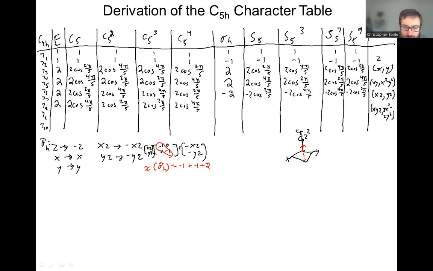And we do the same sort of trick. We have a positive 2 here and a negative 1 here. And then we have a bunch of negative 1s for z. So we're going to be the negative of this line here. Negative 2, negative 2 cosine 4 pi over 5. Negative 2 cosine... I see a mistake here.